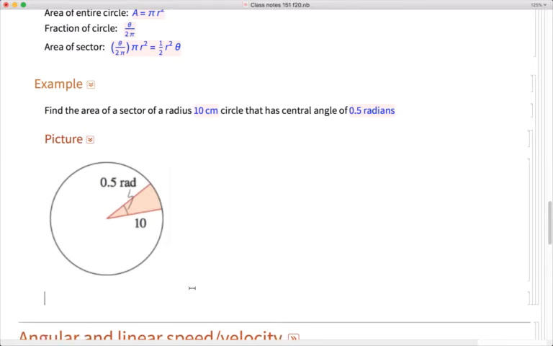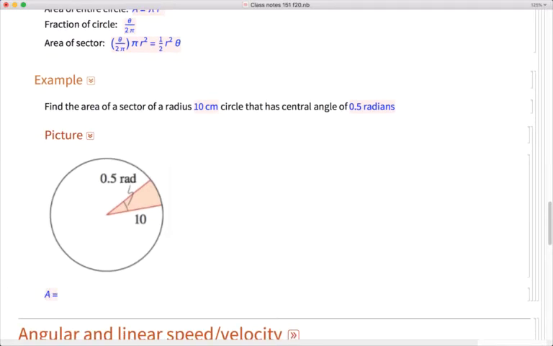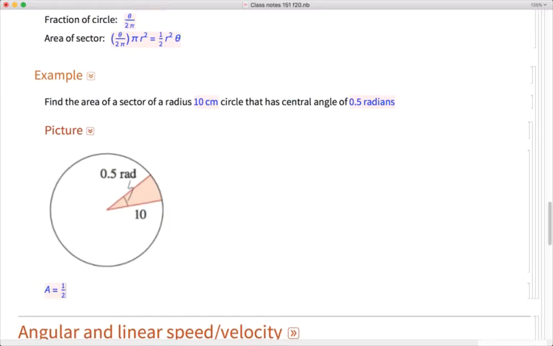So the formula for the area, 1/2 r squared theta. That's what we just looked at. So this is 1/2, our radius is 10, and our angle theta is 0.5, and it was given in radians, so this formula is valid.